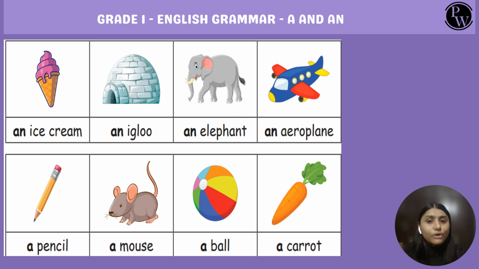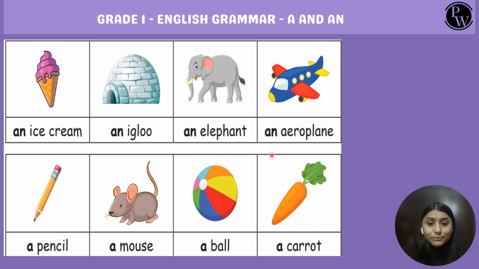Now, here are some more examples so that this concept becomes clearer to us. An ice cream. We say an ice cream because I makes a vowel sound. So we'll add an before the word ice cream. Same for igloo. It's making a vowel sound. So we add an before igloo.